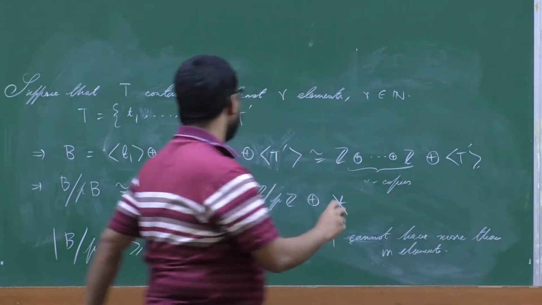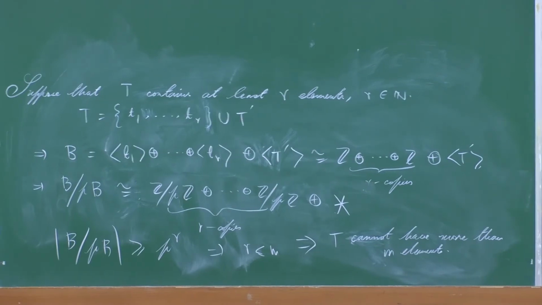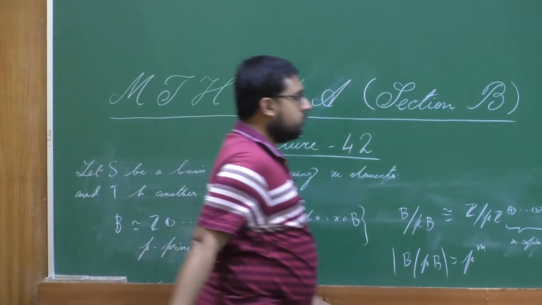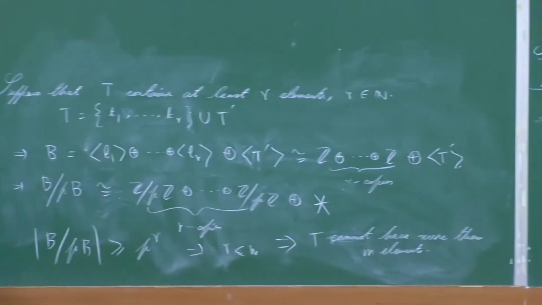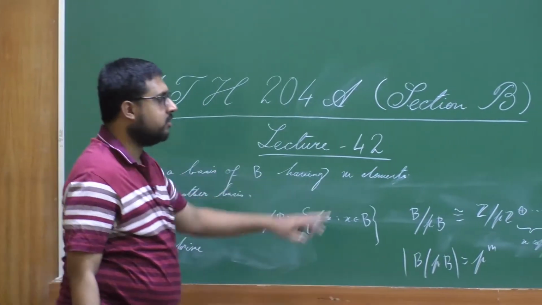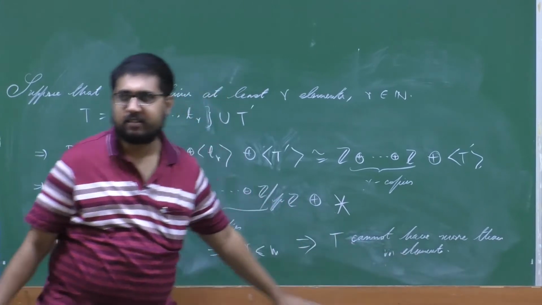Okay. So thus what we have observed is the following, that if we start with a basis having m elements, then what does this say? Since B has a basis of m elements, every basis must be finite. Okay.